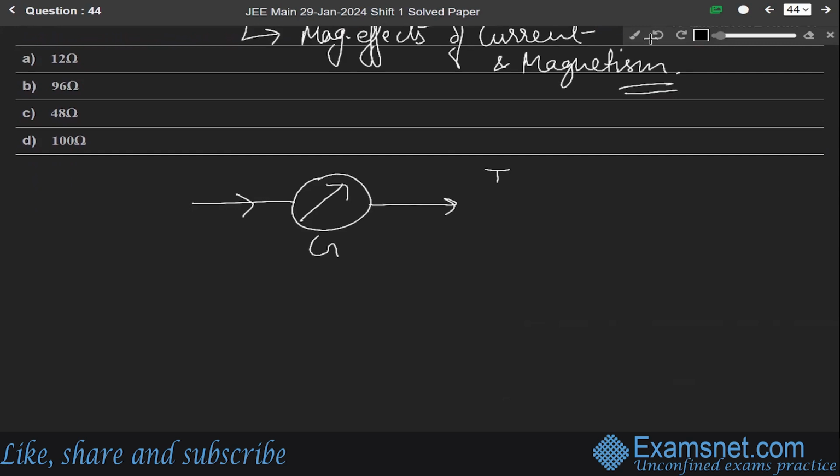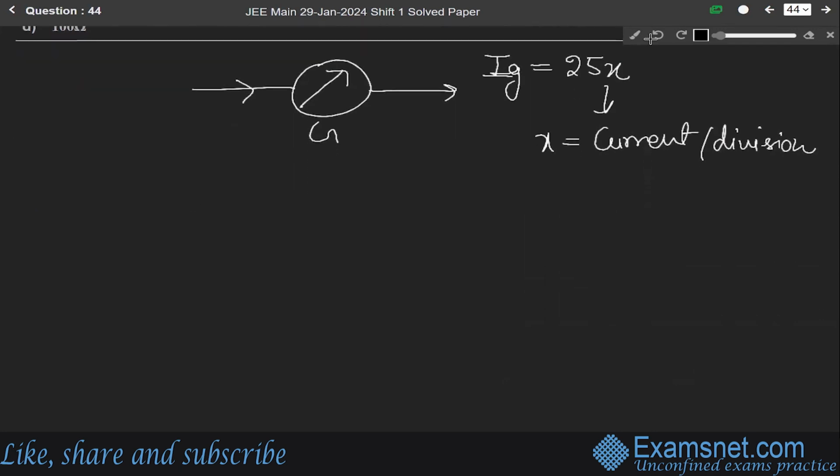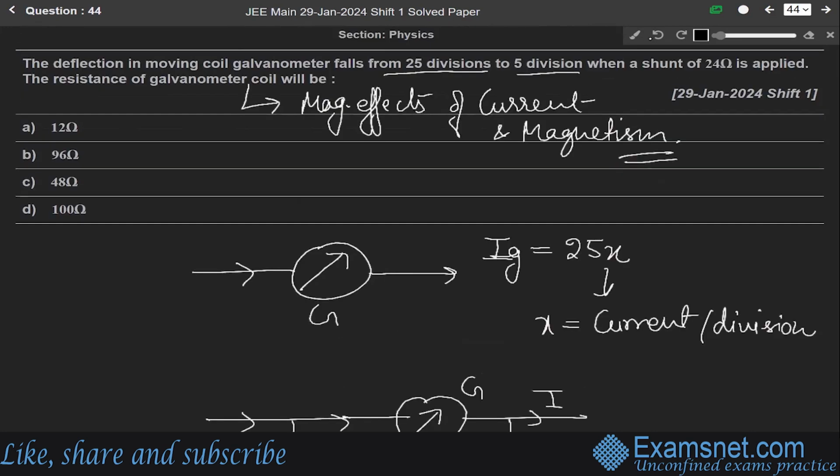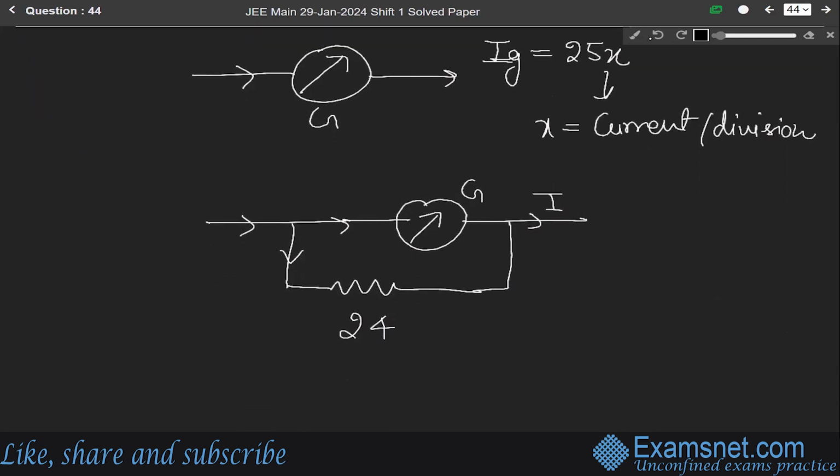at that time Ig equals, let us say, 25x, where x is current per division. They are saying it is having 25 divisions when there is no shunt. Now, when we apply a shunt across the galvanometer, let us say this is the galvanometer G, current I is flowing through it, and we apply a 24 ohm resistance as shunt.